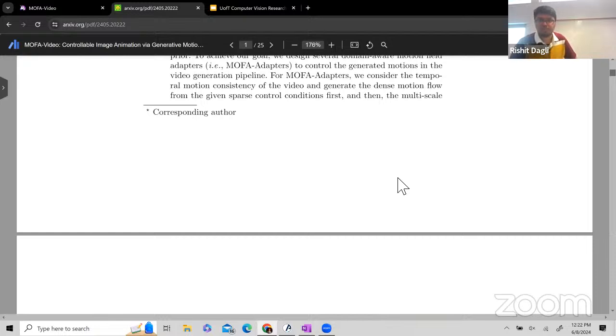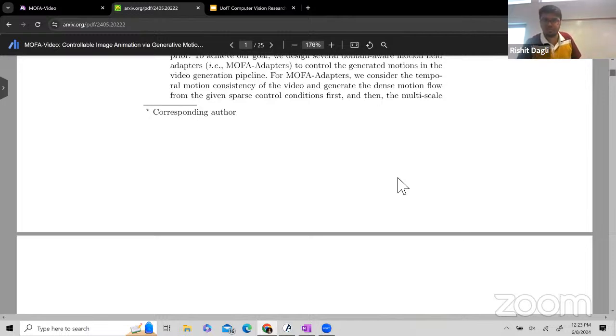Right. MOFA adapters, I'll again repeat the whole thing so that it is clear. The MOFA adapter takes the sparse controlled conditions, that is sparse inputs with limited information, and focuses on the temporal motion consistency, that is the time related aspects of the input, and then generates a dense motion flow from these sparse inputs.